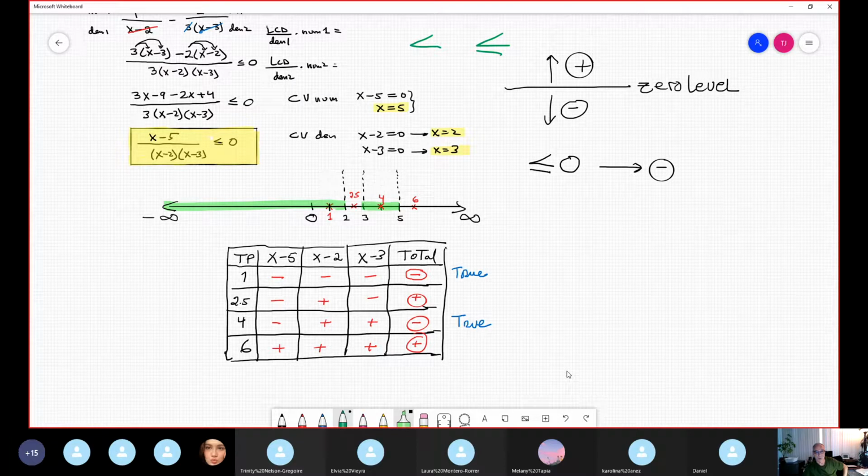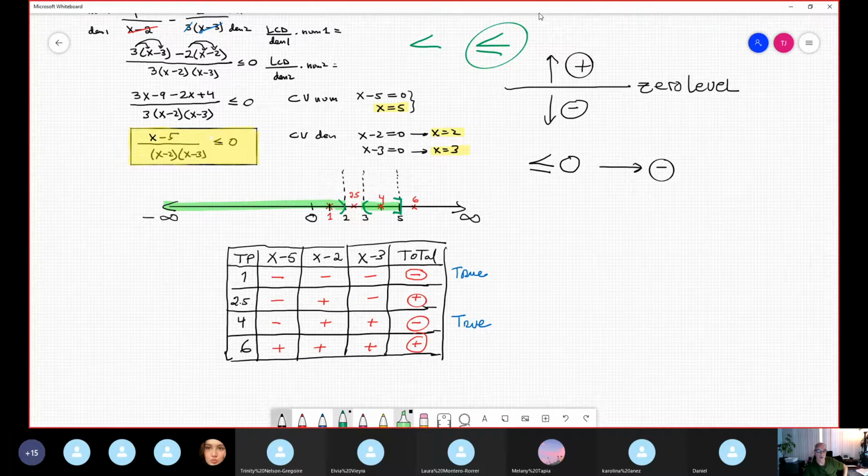When you have that situation, you consider, yes, include the critical value, but only the critical value of the numerator, because the critical value of the denominator is totally undefined. It's never a solution. Therefore, the only critical value that accepts this condition is 5. And 5, you put a bracket, and for 3 and 2, parenthesis.